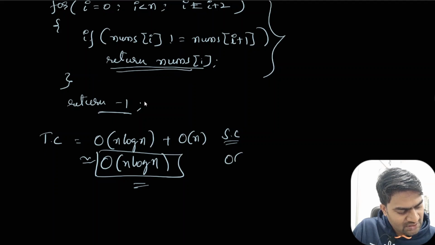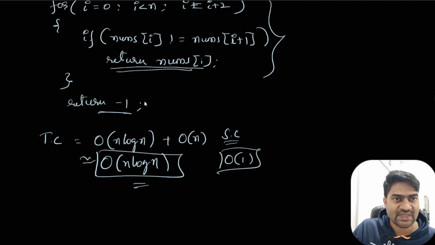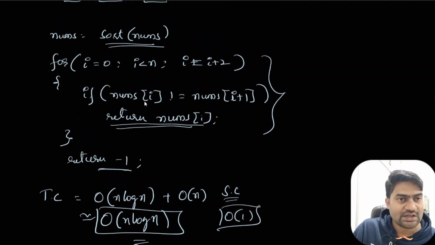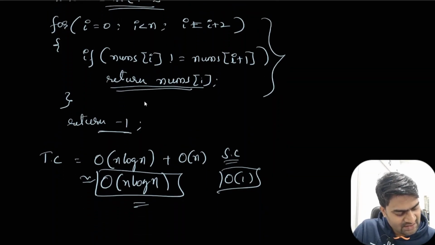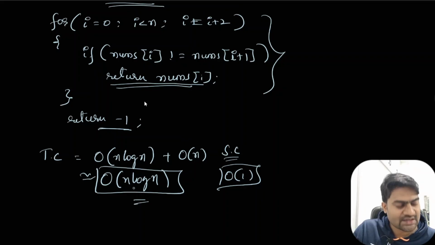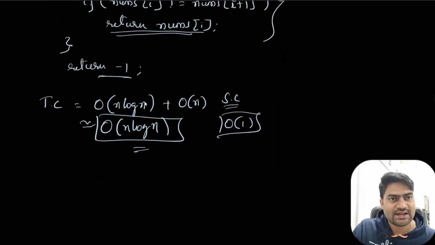It is of order 1 again, because no extra space is used. So is this the best solution? Again no, because it still takes order n log n time complexity. Now let us dive deeper and try to optimize this. If it is taking n log n, the next possible solution would be of order n.